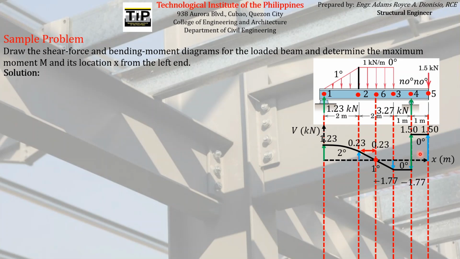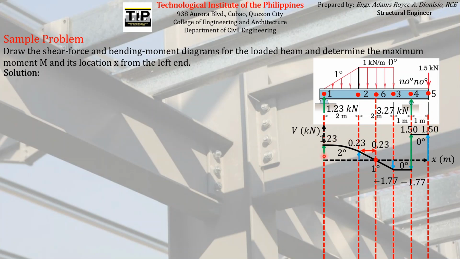So what is the purpose of the shear diagram? First, you can easily see the variation of shear force along the length of the beam. So using the diagram, you can see that there is this kind of variation of shear force acting on the beam, which has a maximum value of 1.5.